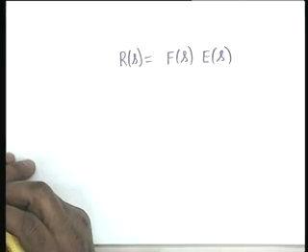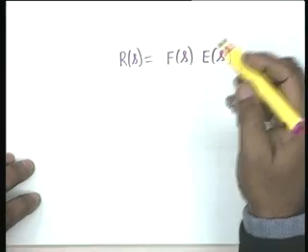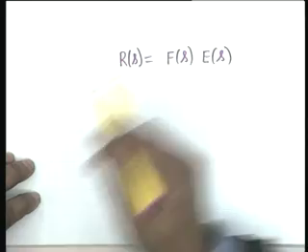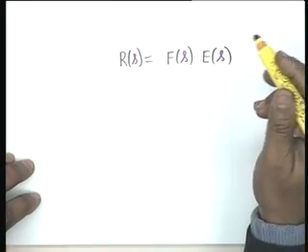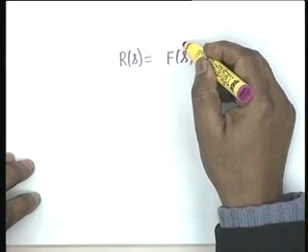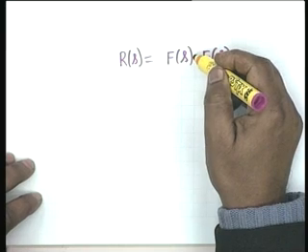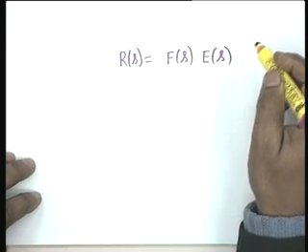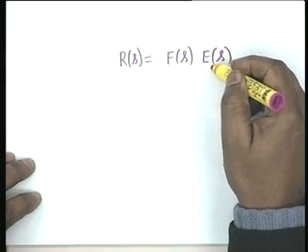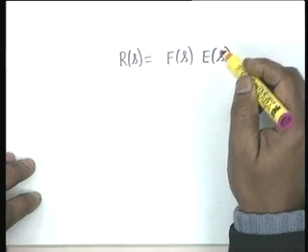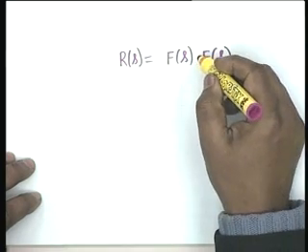Now you see that if I take the inverse transform of this, there would be two types of terms. One would be due to the poles of F of s, and the other will be due to the poles of E of s. Is that clear? There will be two types of terms.